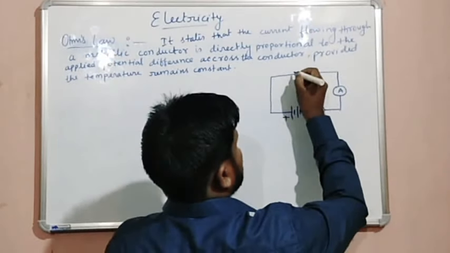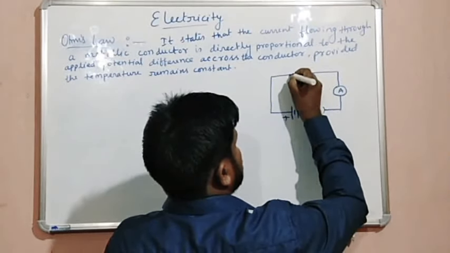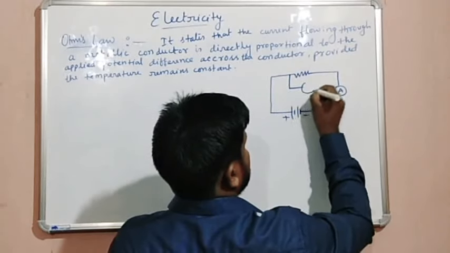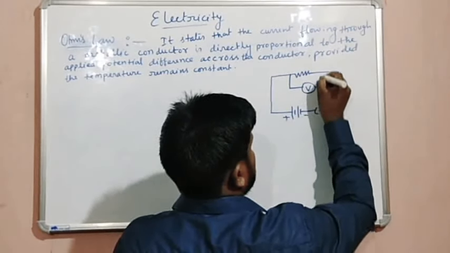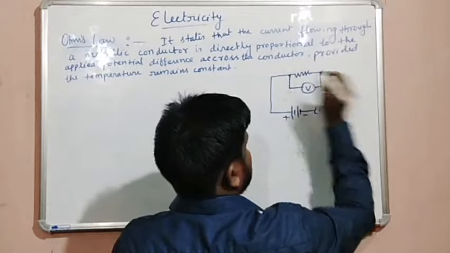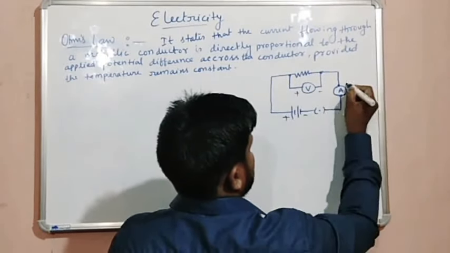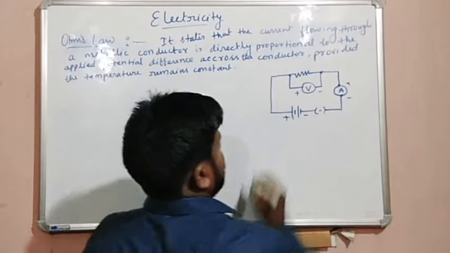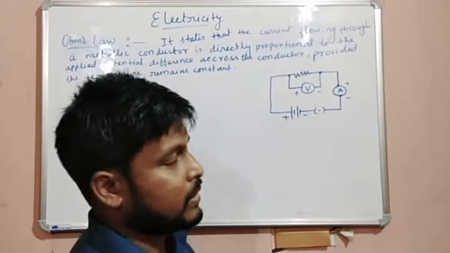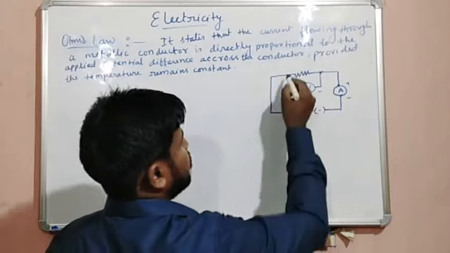Let us introduce a voltmeter also. Voltmeter V, with plus and minus terminals. What does a voltmeter do? It measures the potential difference across any conductor.